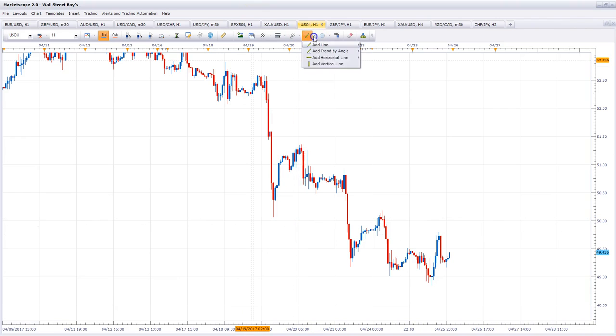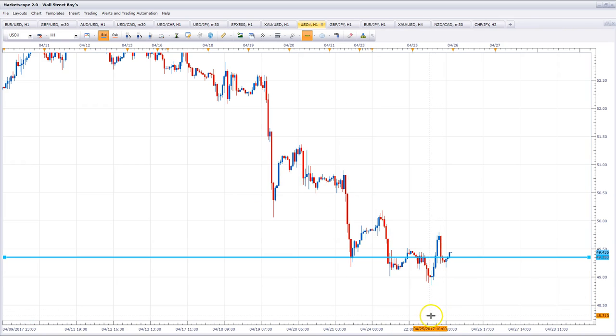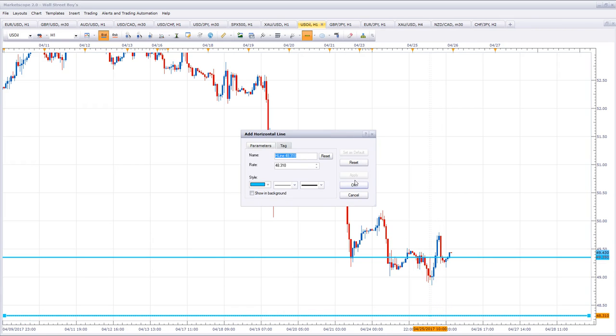Okay, so the upper pivot is 49.50, 35. The lower pivot is, let me see, 48.97.